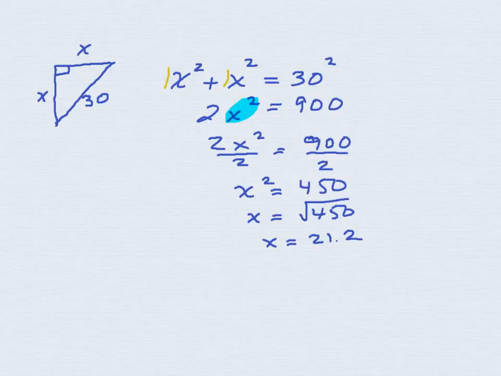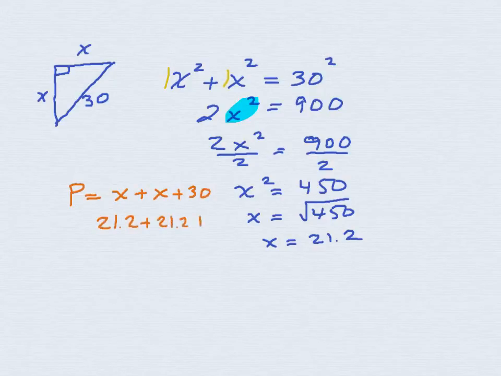And once you know the value of x, you could do many things. Perhaps you would be asked to find, say, the perimeter. Perimeter of a triangle is going to be x plus 30, or 21.2 plus 21.2 plus 30, and get your answer from there.